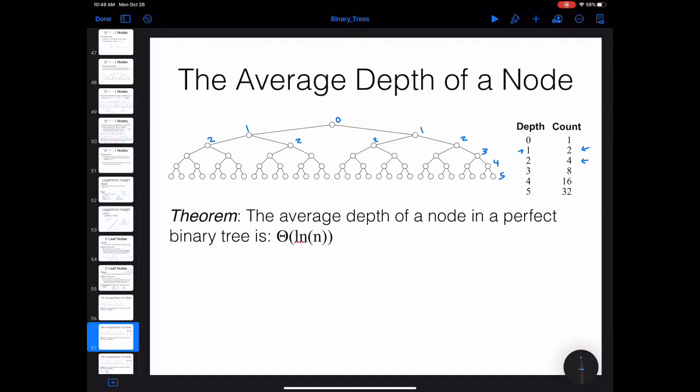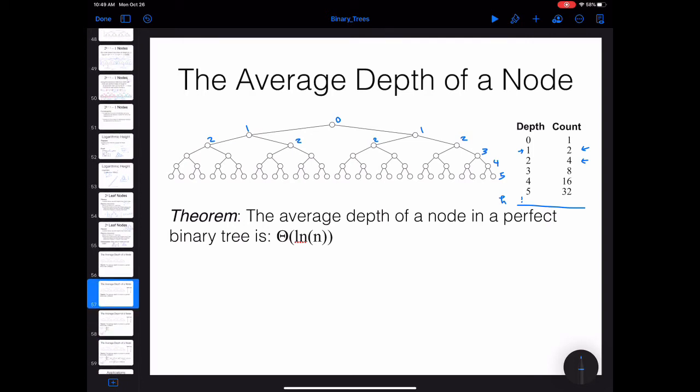What I need to do is just get the summation over all of this. And because I don't know what the depth is, I'm going to talk about a perfect binary tree of height, for example, h. So let's write down a formula for this. If I'm going to get the summation of the depth of all of the nodes, I need to multiply by the number of nodes.